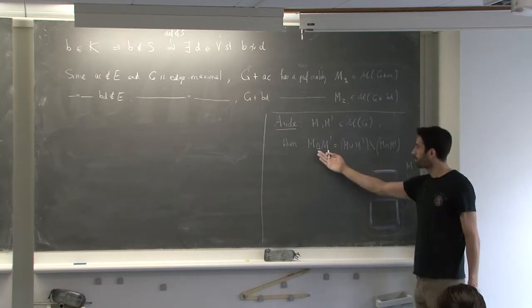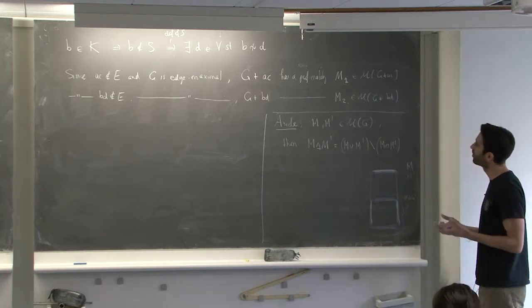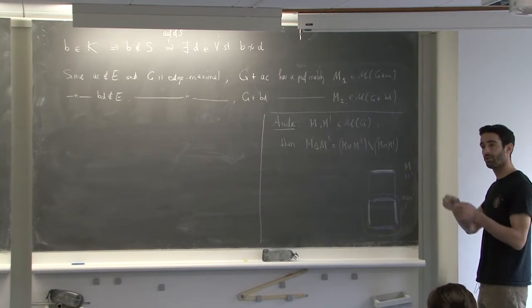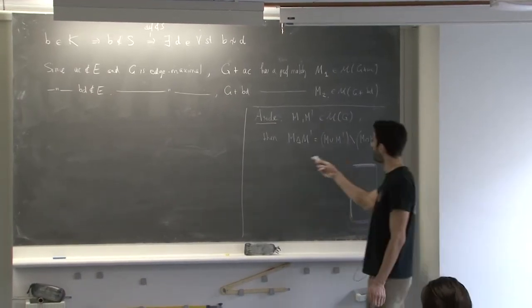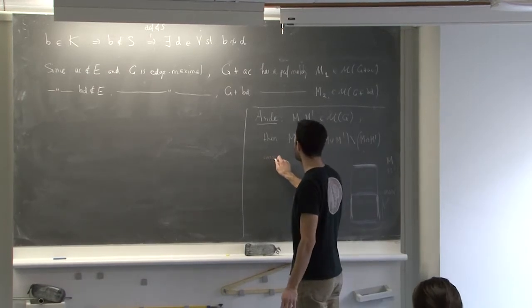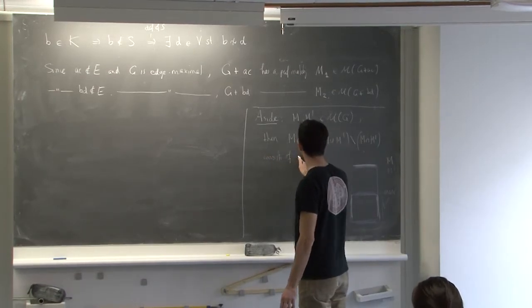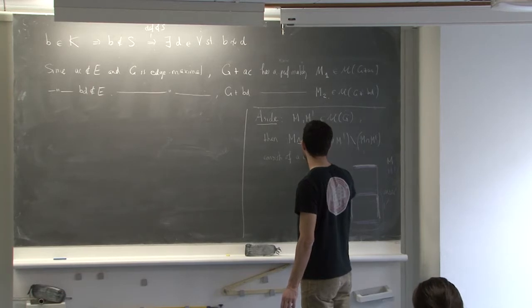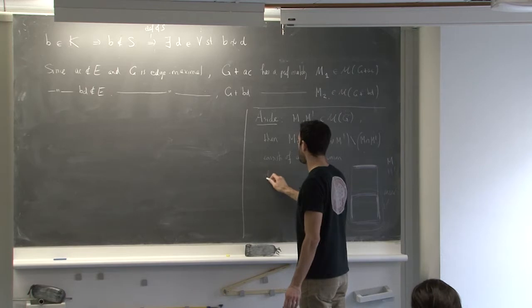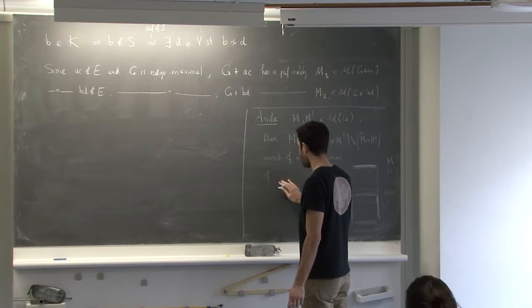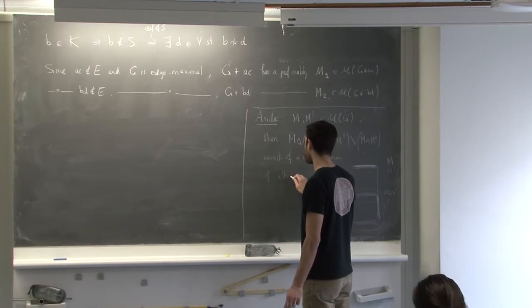And in general, if you have two perfect matchings, you look at the symmetric difference, what you get consists of a disjoint union of cycles of even length, and I'm going to call them alternating cycles.